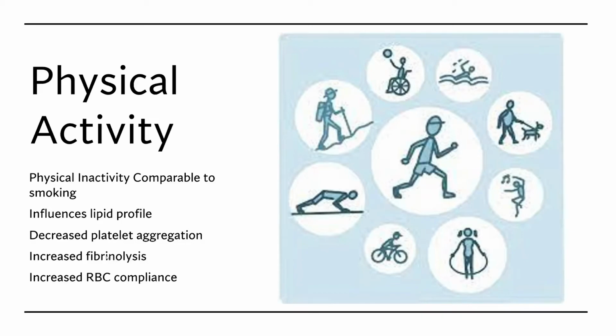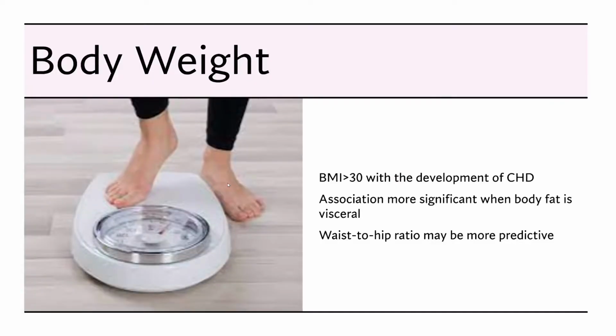Extra physical activity causes increased fibrinolysis, which prevents clot formation and platelet aggregation, and fibrin mesh formation, which leads to clotting. And increased activity increases red blood cell compliance, meaning they're more flexible and it's easier for them to move through occlusions. So physical activity is another huge one.